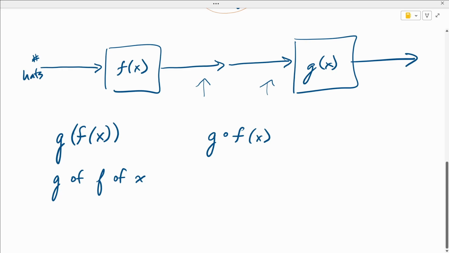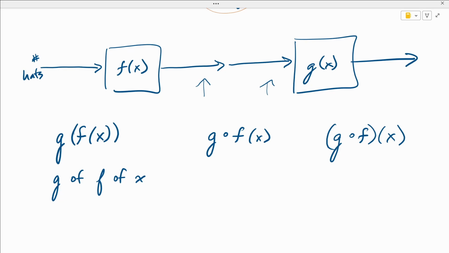These are identical. And there's another notation. We can also say g composed with f of x, like that. So these are three different ways to say that we're taking our input number of hats, we're using the f function, and then we're taking that output and using it as the input to the g function.